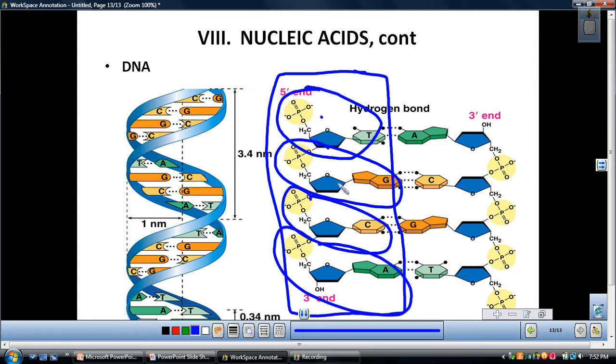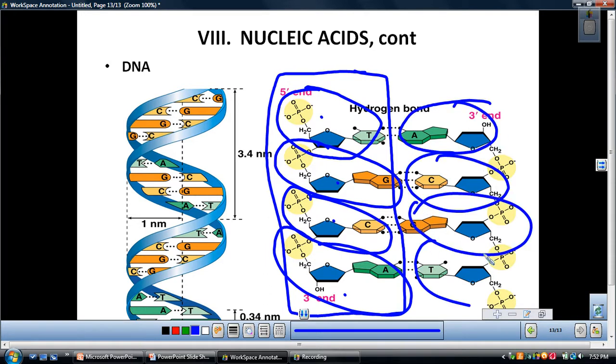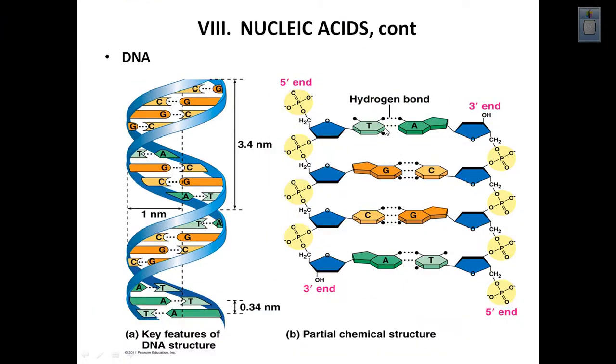So there's monomer, monomer, monomer, monomer, all bonded together through phosphodiester linkages. But then this side we have the same thing, nucleotide, nucleotide, nucleotide, nucleotide. But in the middle, we get those weak hydrogen bonds, which is a weak attraction between a positively charged hydrogen and something else that's electronegative. And that's because if you examine this, adenine and thymine, there are functional groups that are attracted to each other. So that gives us our double helix DNA.